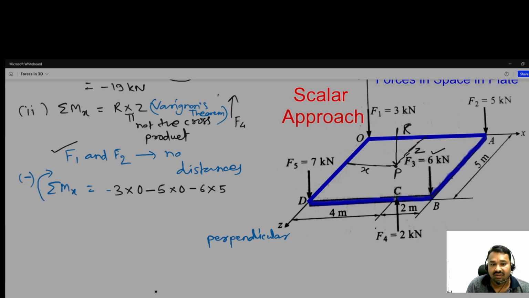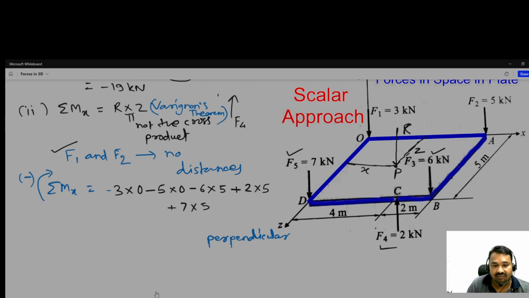And what about this one, F4? The direction here is anti-clockwise, so we take it positive, so it is 2 multiplied by the same 5. And what about this F5? That is 7 multiplied by 5.